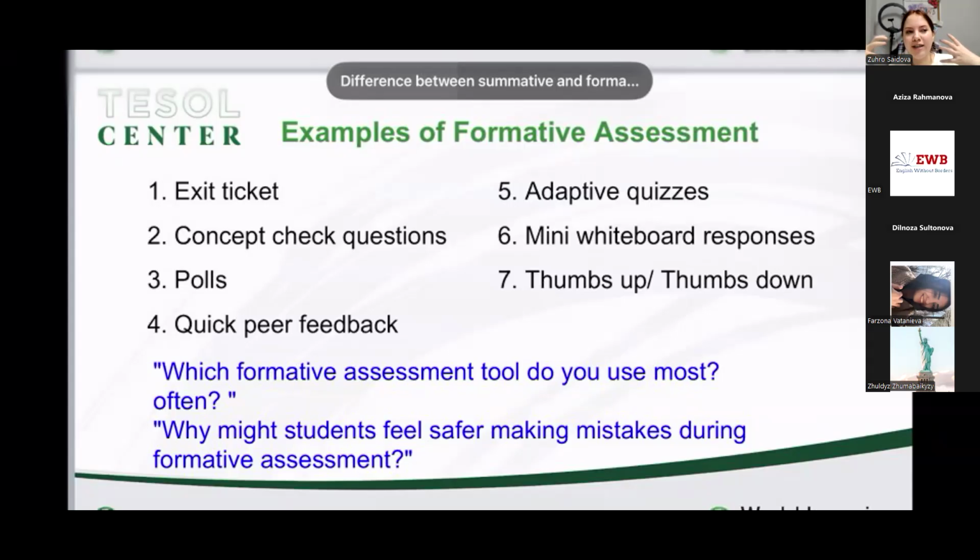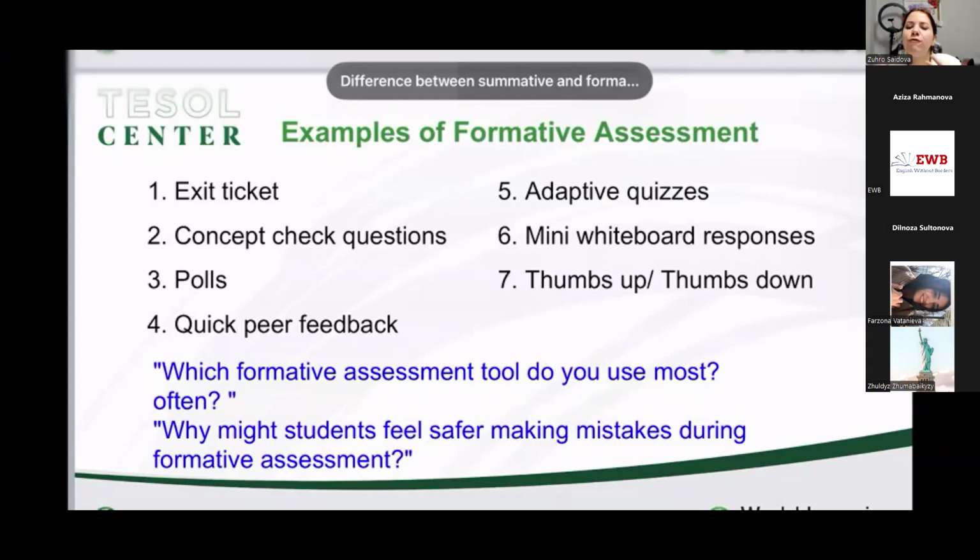So these grades put a lot of pressure on students' shoulders. And because formative assessment isn't graded, and summative assessment is often graded, formative feels safer to them. They are more relaxed because they know that this doesn't affect their grades in the teachers' journals, right? It's just to make sure that they understand the topic.